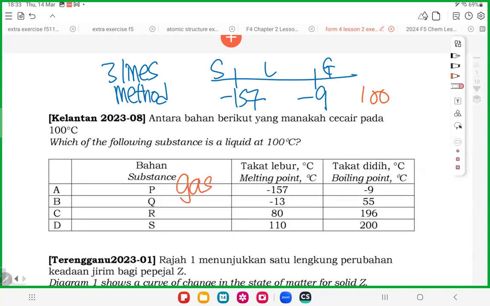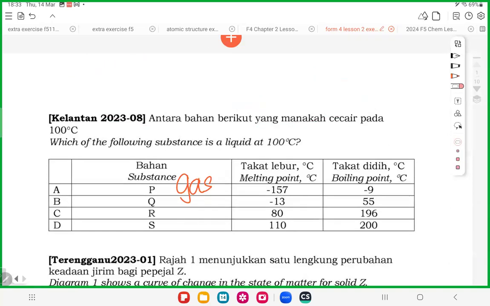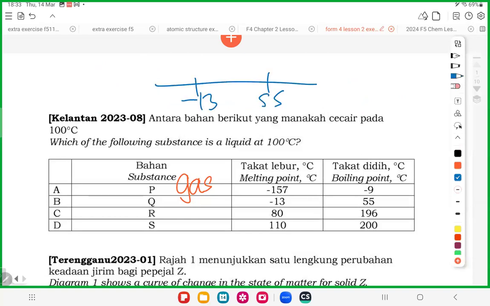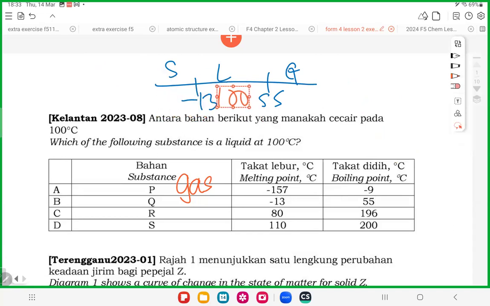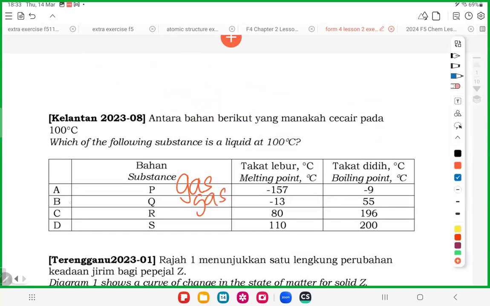So let's look at substance Q. We have -13 and 55. Solid, liquid, and gas. The temperature we want is 100. So where is 100? 100 is more than -13, more than 55, so here, gas. Now, the answer should be C. Why?